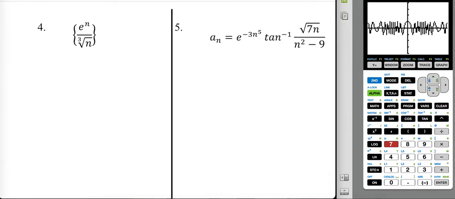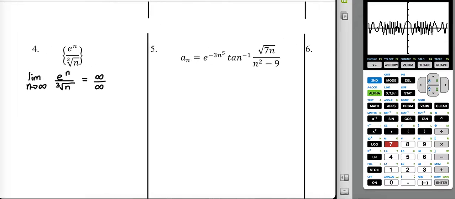We have another sequence, just unnamed, but it could very well be a sub n, b sub n, whatever. So we're looking for the limit as n approaches infinity of this expression, e to the n over the cube root of n. Now if I plug in infinity here, I'm going to get something that's indeterminate.